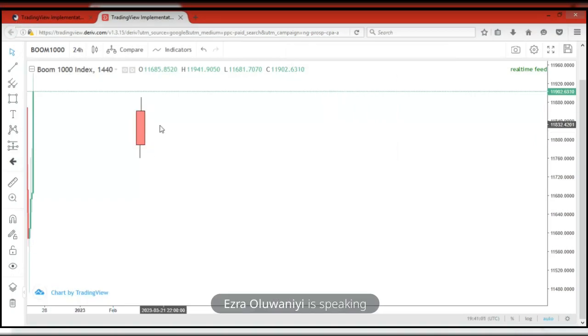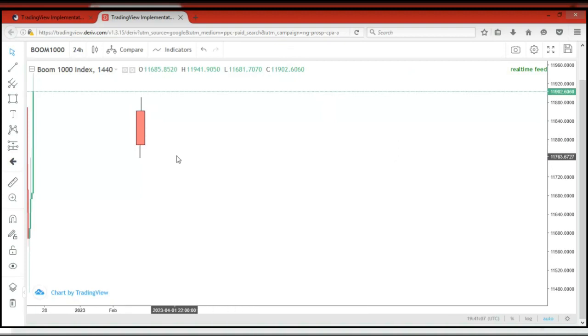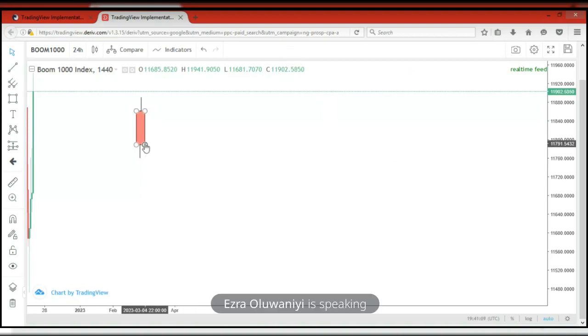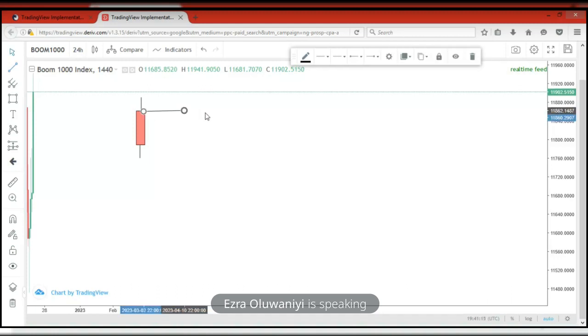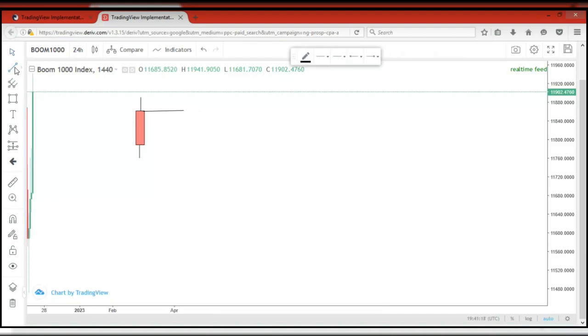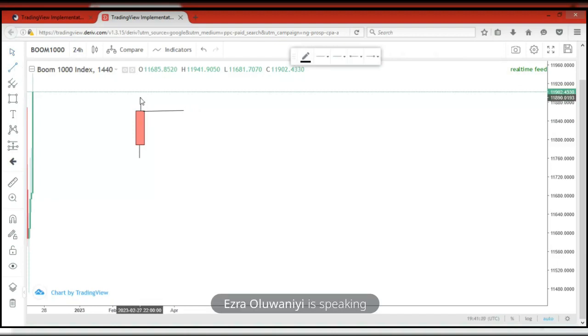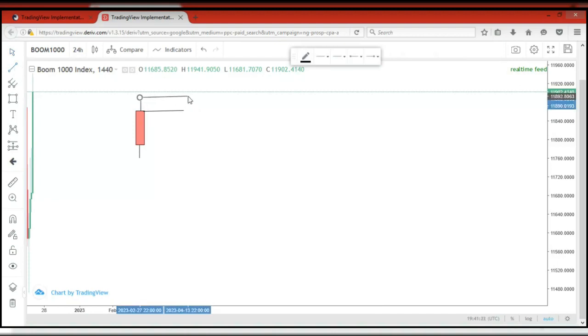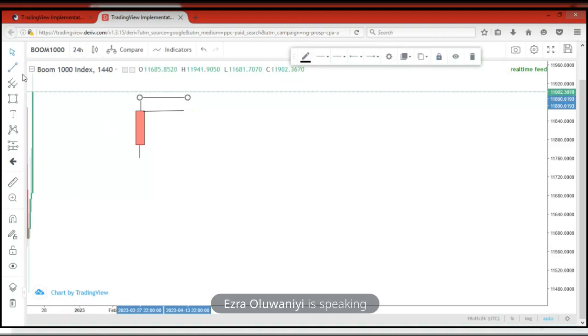So this is a bearish candle. Now, this is what we have as a bearish candle. The first thing you need to note is this area. Now, I want to label this candle. I want to actually label this candle with respect to everything that is on it.